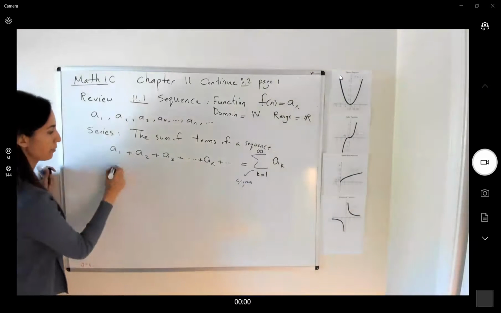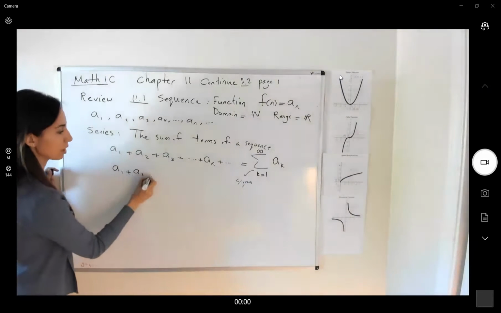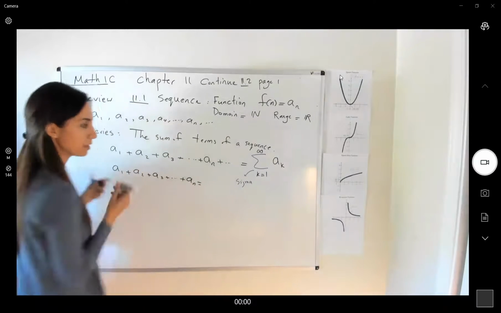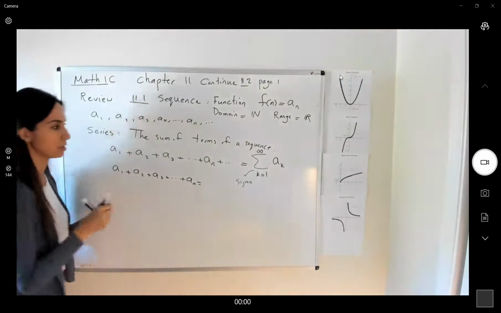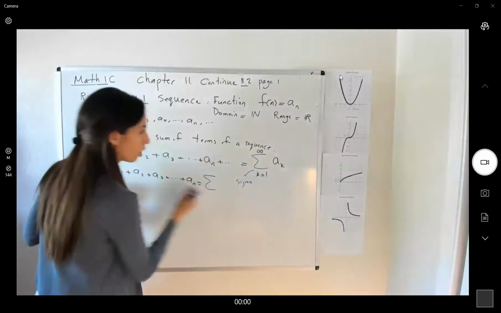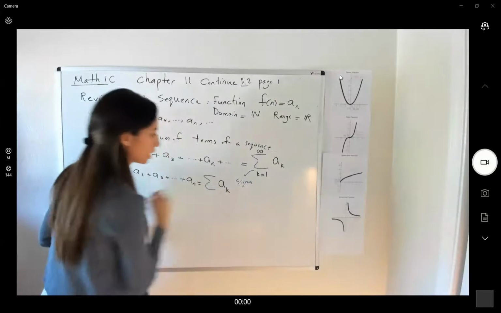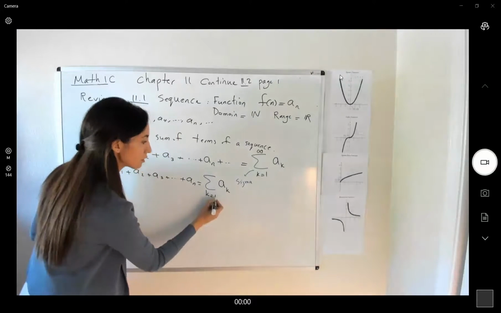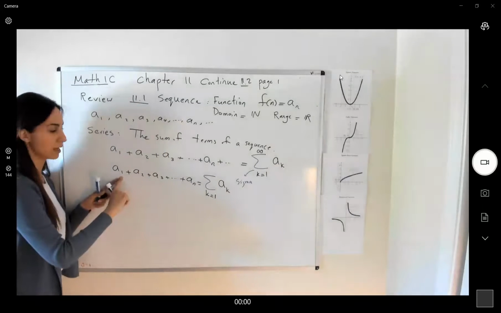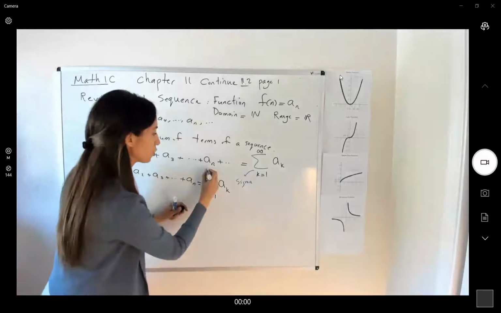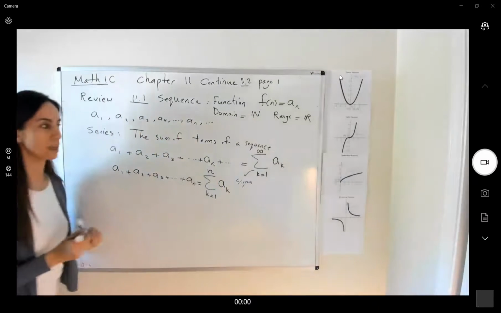For example, if you have a sub 1 plus a sub 2 plus a sub 3 plus a sub n, this is denoted by the sum sigma a sub k. Your lower limit is 1 because the first index is 1, and it stops at index n, so the upper limit is n.